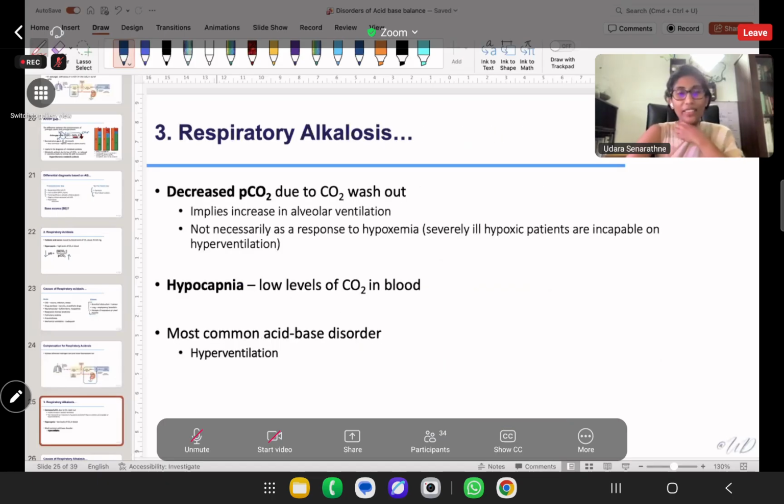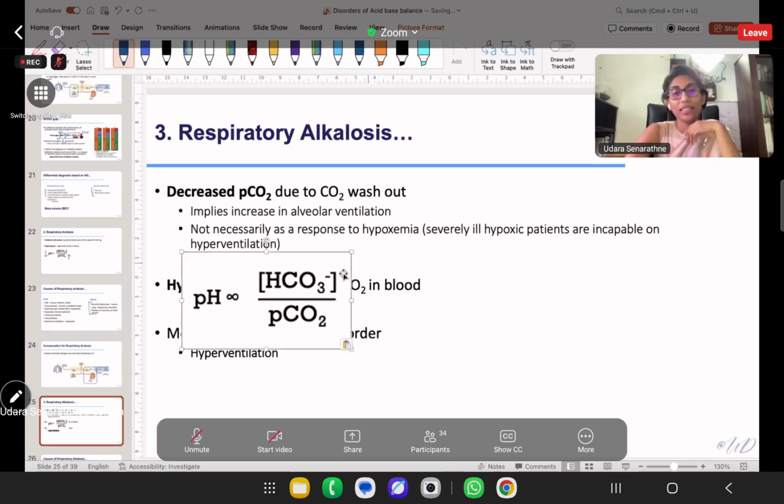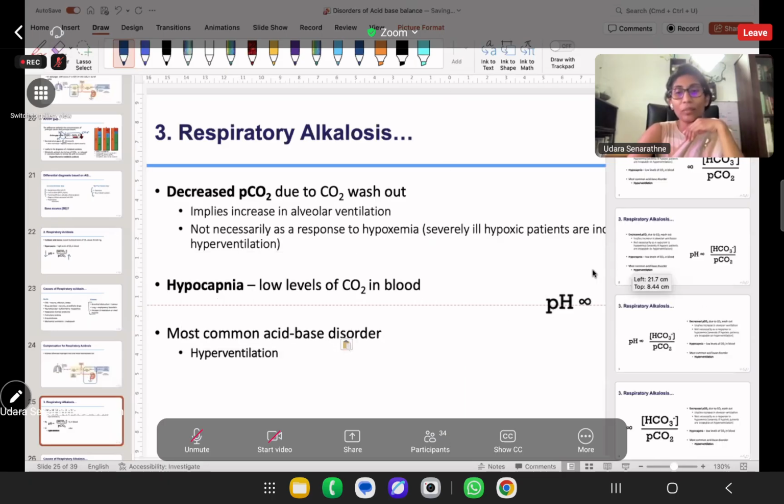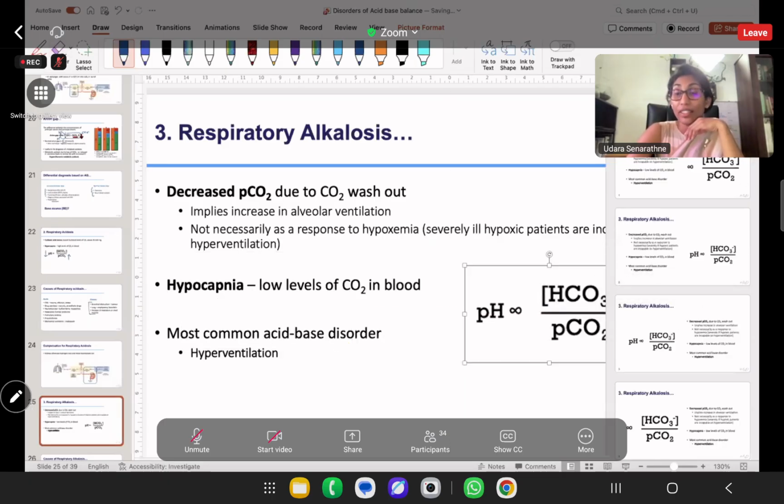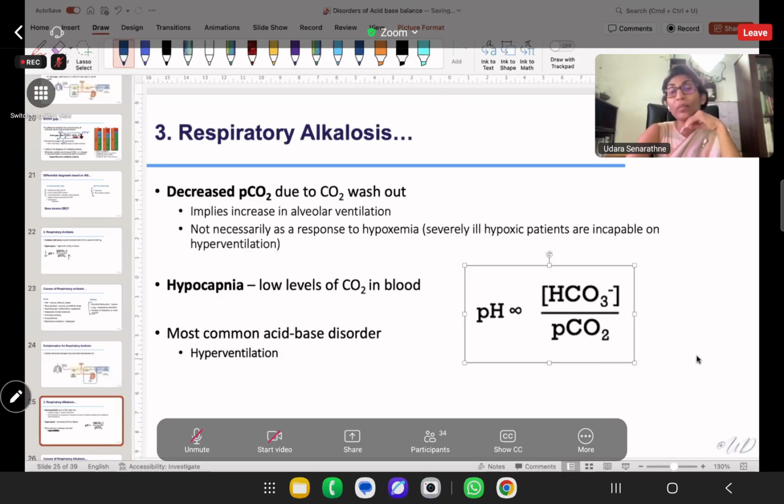Okay, respiratory alkalosis. So in alkalosis, what you have is more hydroxyl ions. So how are you going to get more hydroxyl ions in respiratory alkalosis? Now in the lungs, you're excreting carbon dioxide, which is actually giving rise to an acid. So what are you going to do then?